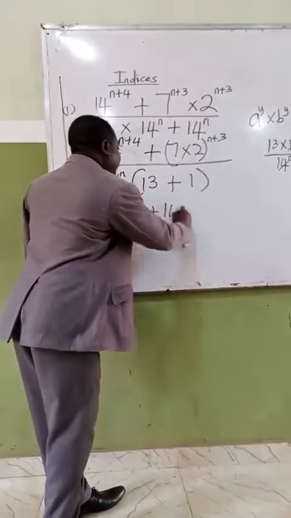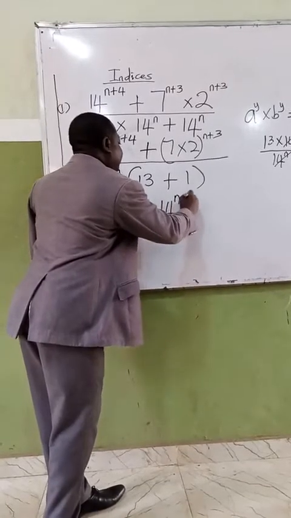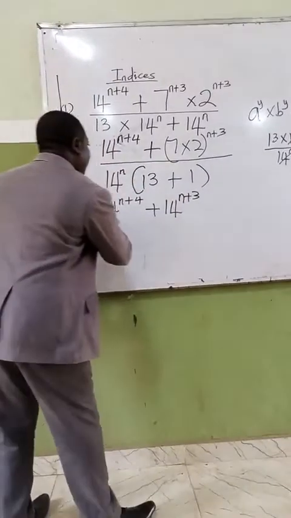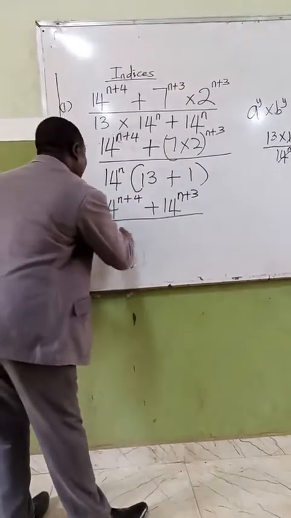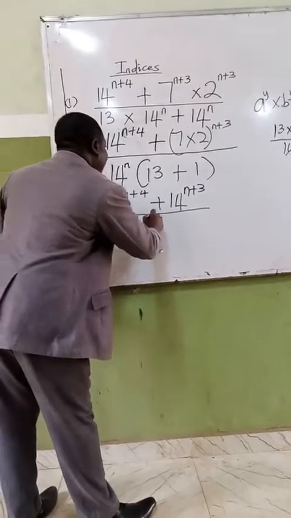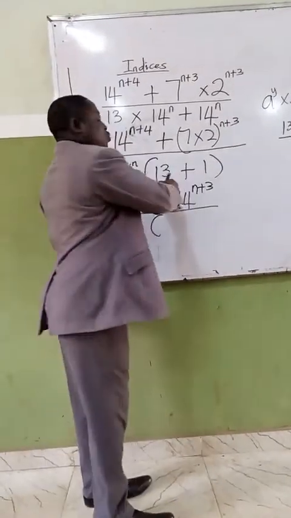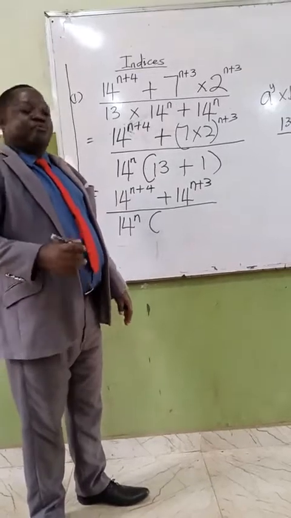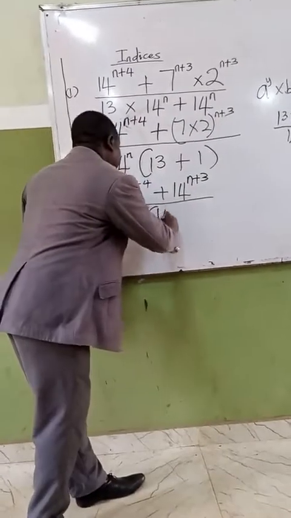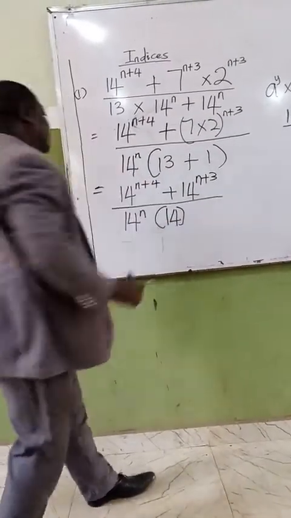So 14 raised to power n plus 3 all over 14 raised to power n bracket 13 plus 1 is equal to 14.